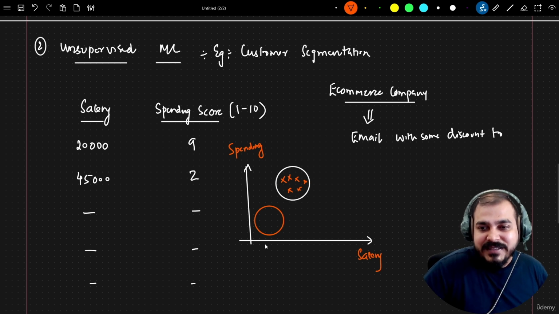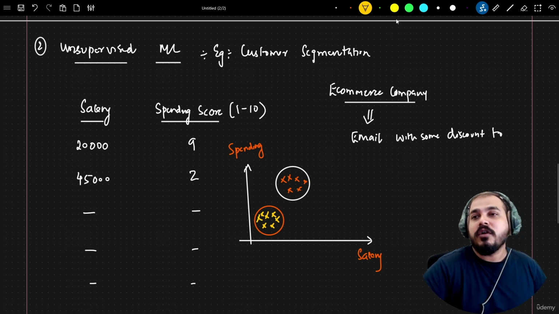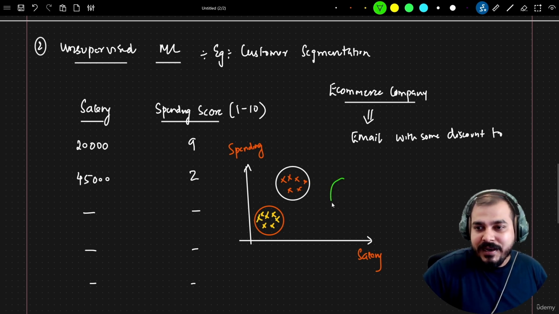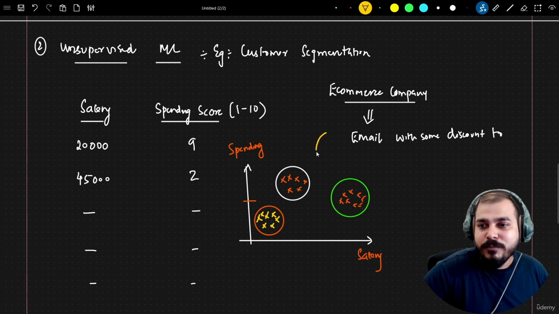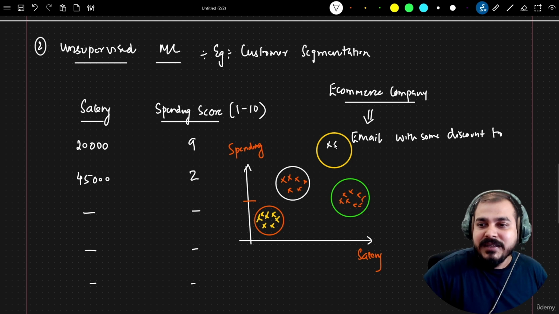These are the people who have less salary and they spend less, right? So we are going to make this kind of clusters or groups over here, right? Let's say this is another group which has huge salary and spending is median, in the mid, right? I can have one more cluster which is somewhere here. And probably these people are having the highest salary and the spending score is also high.